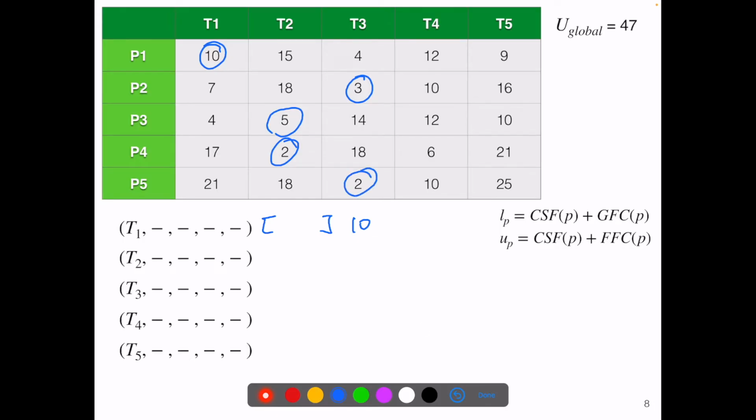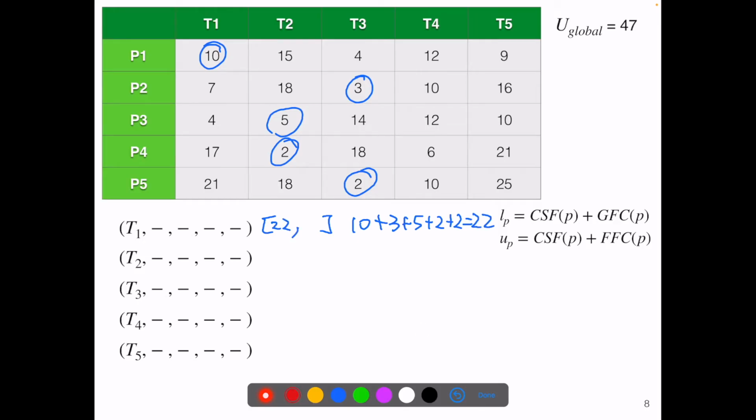Even though all these cannot be in one solution, they provide a solid lower bound. There's no optimal solution that can have a total cost lower than this. So the lower bound of this first partial solution will be 10 plus 3 plus 5 plus 2 plus 2. So that'll give us 22.